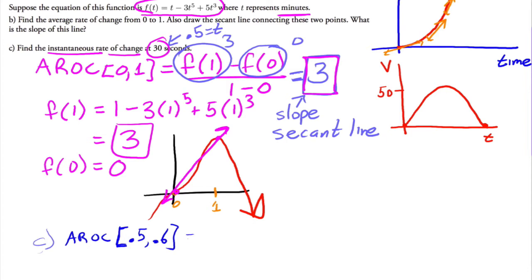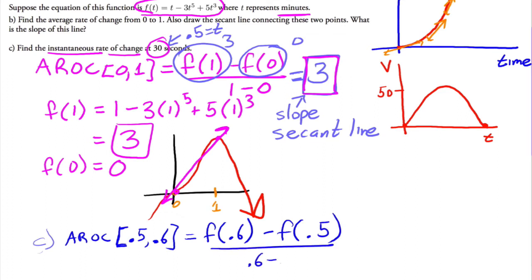So this is going to be f of 0.6 minus f of 0.5 all over 0.6 minus 0.5.